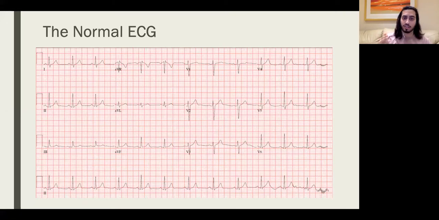Positive charge towards a positive electrode would be a positive deflection. Anything that is negative towards positive or positive towards negative would cause a negative deflection. So a negative inverted T wave in AVR and also in V1 occasionally is considered normal, okay? So this is your normal ECG.